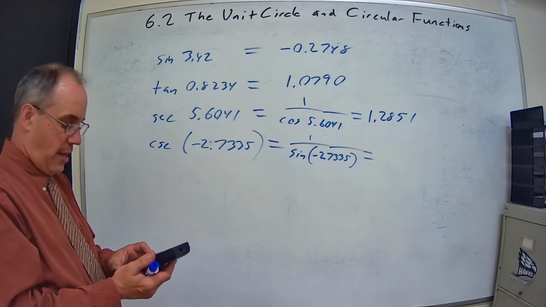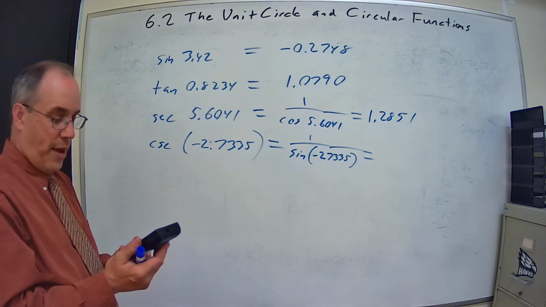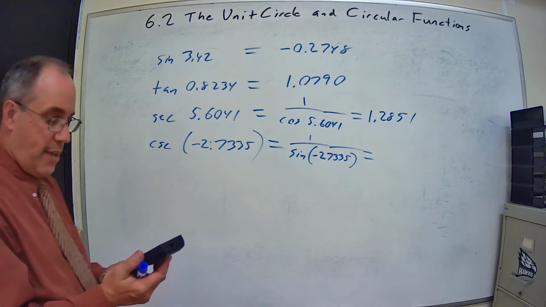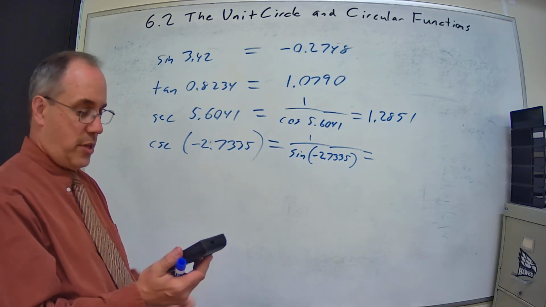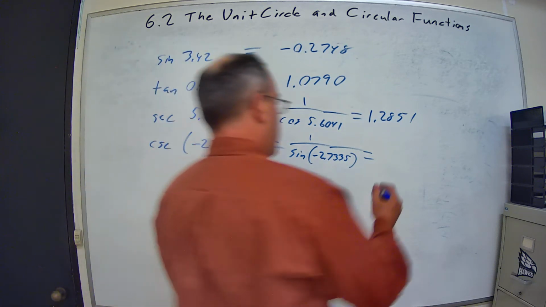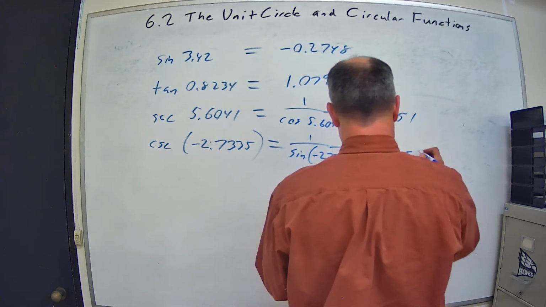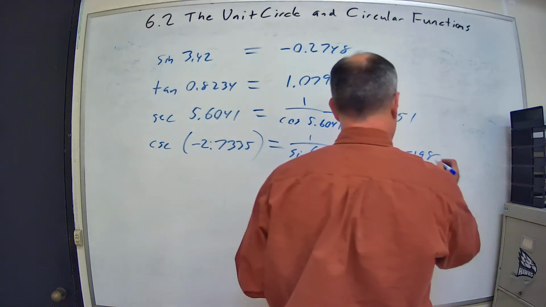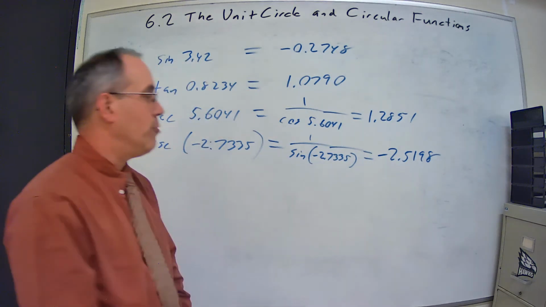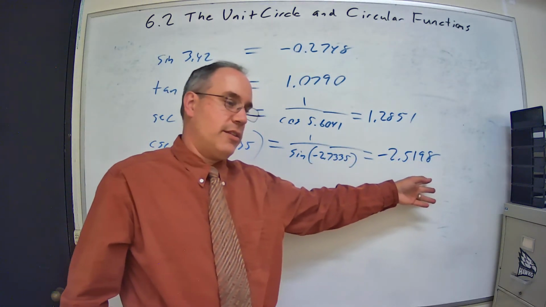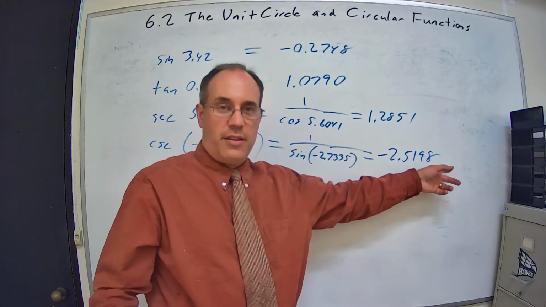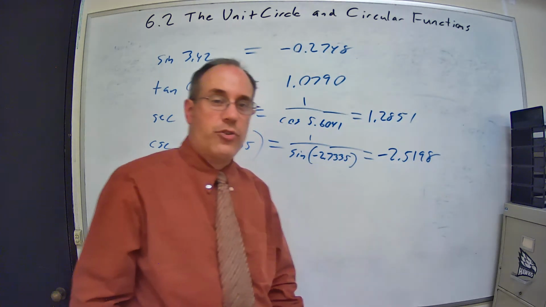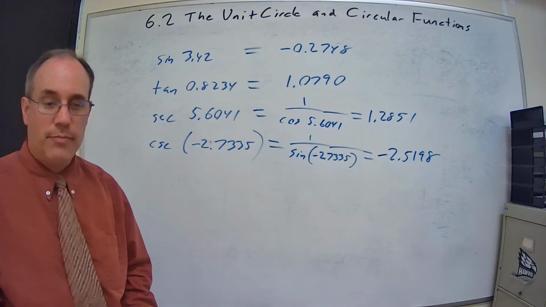We're going to take the sine of it, which gives me about negative 0.39685933, etc. And I'm going to take the reciprocal of that, which gives me about negative 2.5198. Remember to round, do not truncate. That was negative 2.5197, I believe. So make sure that you're rounding, not truncating.